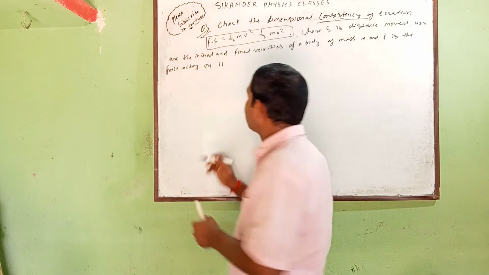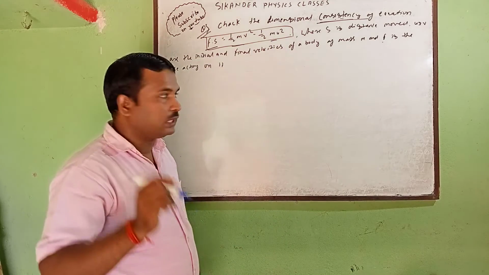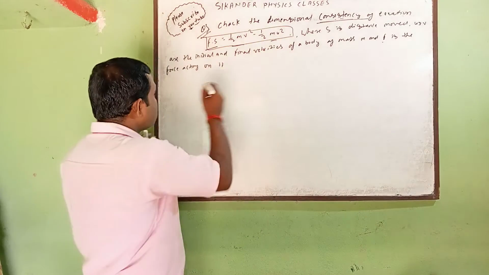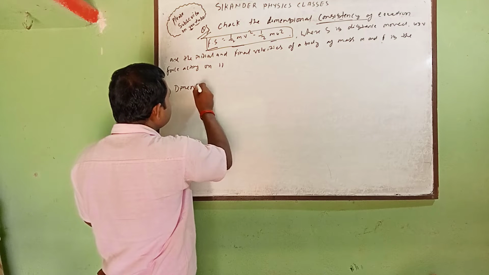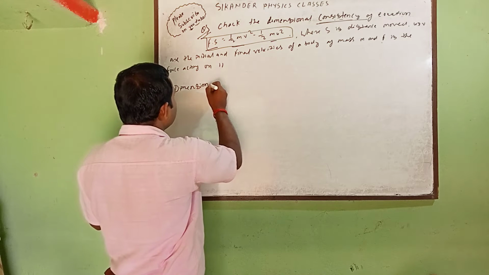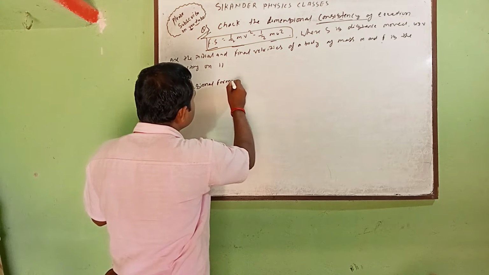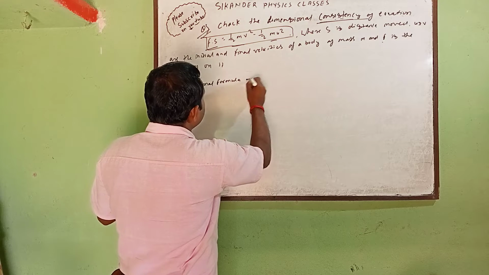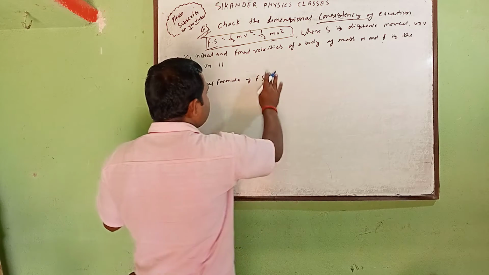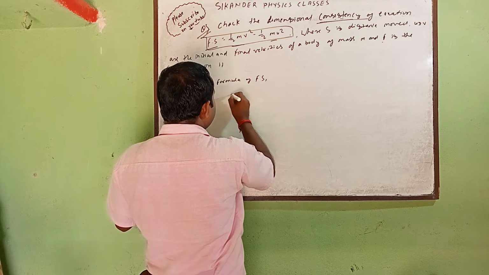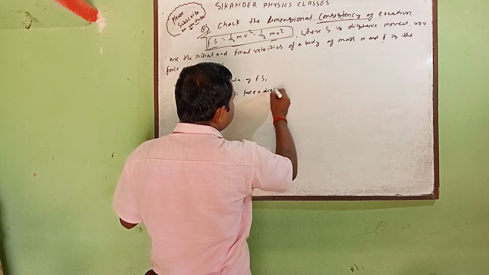So here is one term, a second term and a third term, and you have to take them out like that. Suppose the dimensional formula of Fs. What is Fs? It is force into displacement.